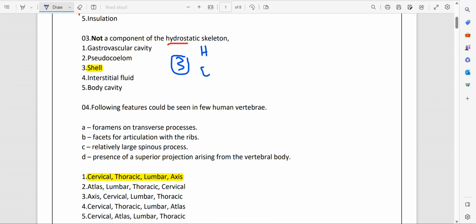Hydrostatic skeleton basically means a fluid-filled body cavity. Simply, cnidarians use their gastrovascular cavity, and you have to know that they are acoelomates, like they don't have a coelom because they only have 2 body layers, like they're diploblastic.